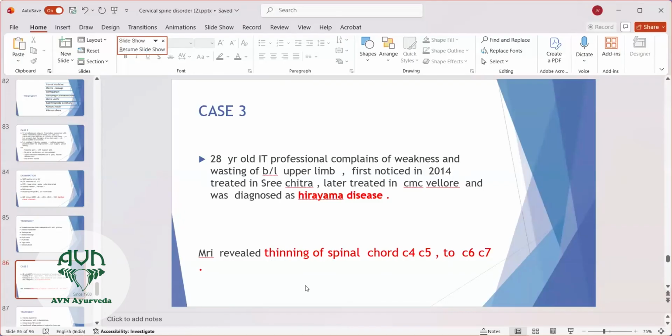MRI revealed thinning of the spinal cord at C4, C5 to C6, C7.